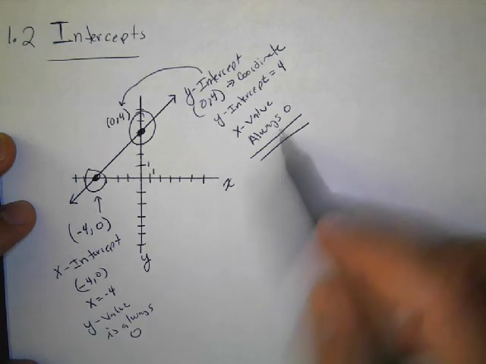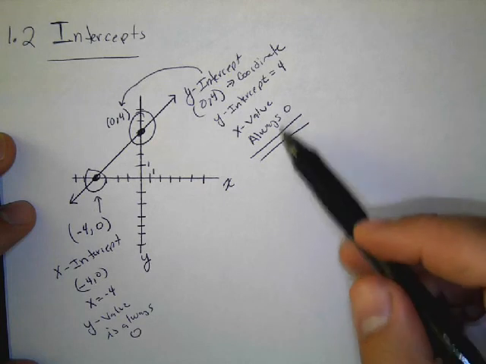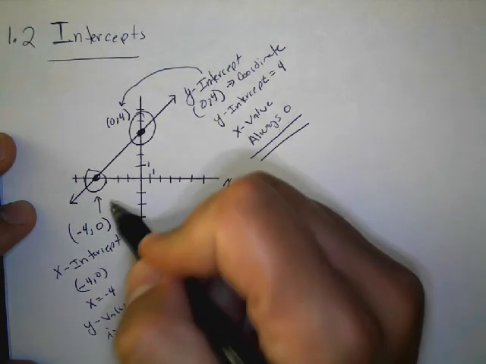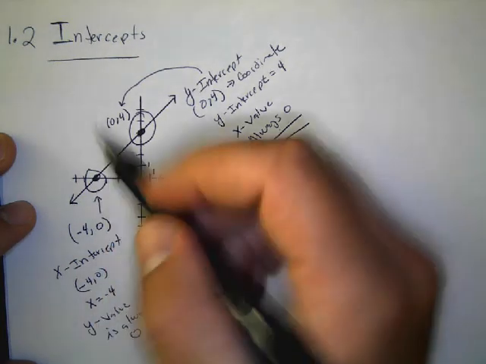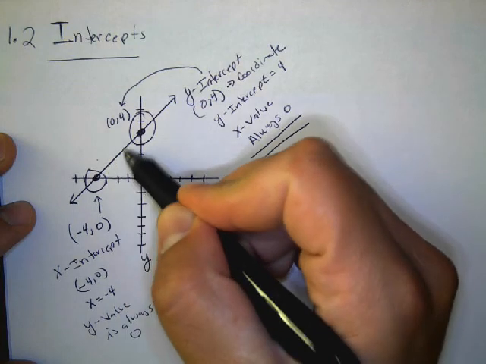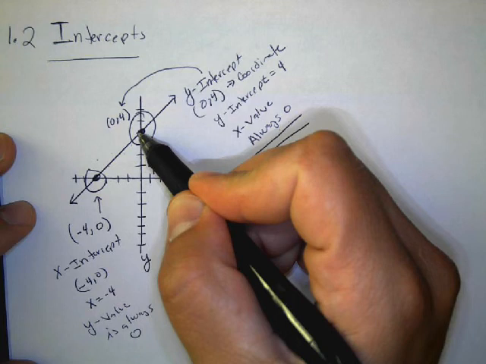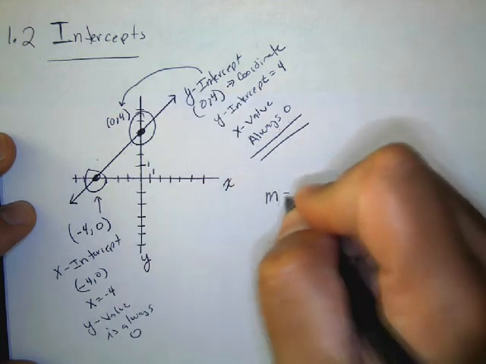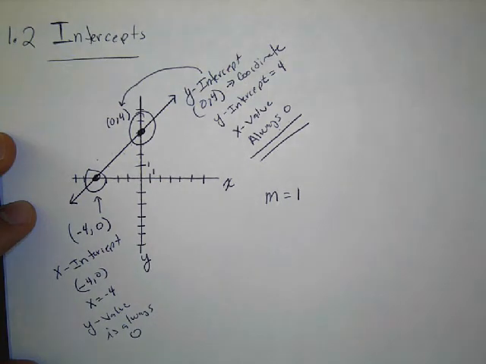One thing that we can do if I want to find an x-intercept or y-intercept is use these values, knowing that if it's 0 for x, I can plug in 0 for x, and that's going to tell me what the y-intercept is. So for this equation, if we look at our slope, I go up 1 over 1, up 1 over 1, up 1 over 1, up 1 over 1. So my slope is going to be 1. Okay?